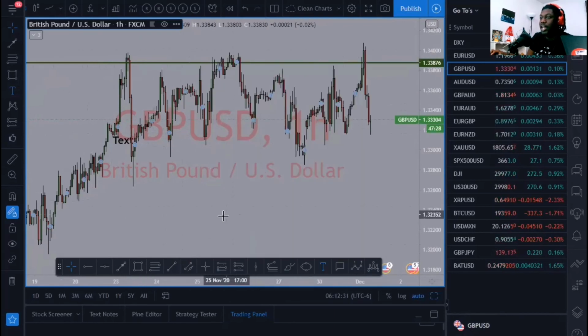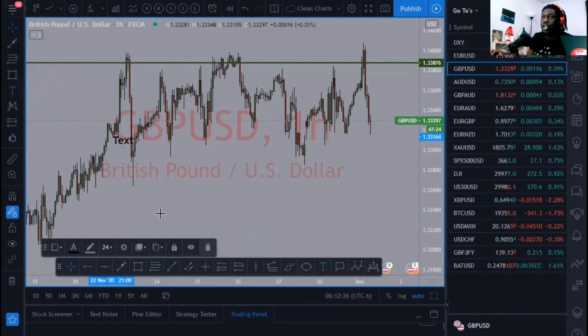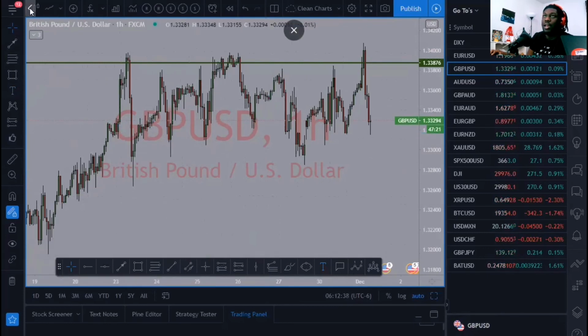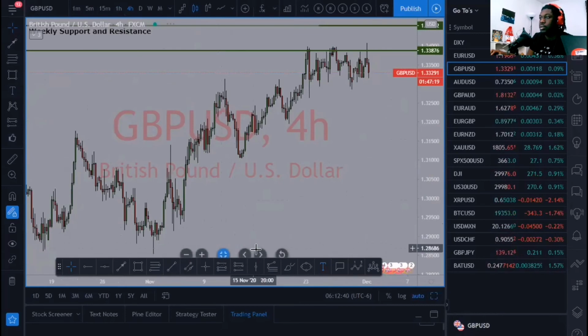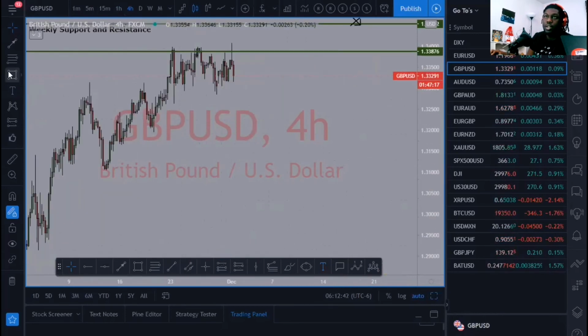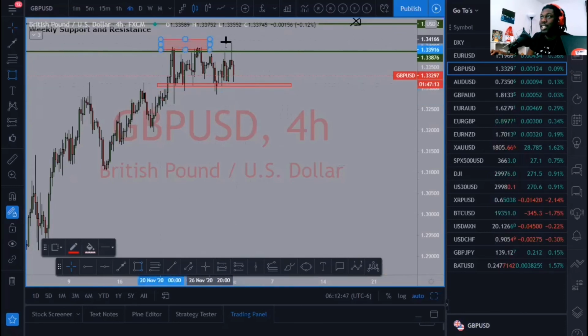Oops, I got text instead of something else that I wanted. Let me go to the 4-hour real quick. I would want price to break out of this zone that it's just been consolidating in.